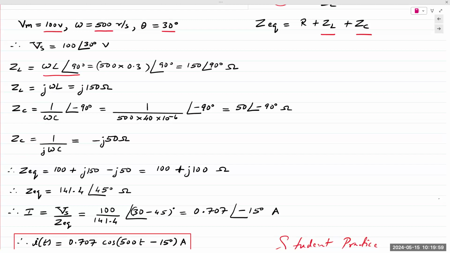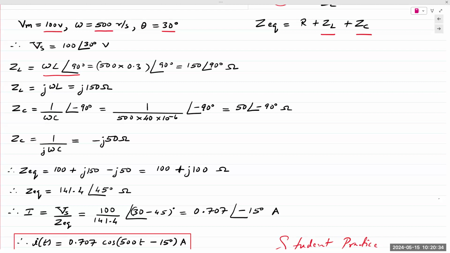So the impedance for an inductor is always plus 90. For a capacitor, the impedance is always minus 90 because the voltage is always 90 degrees behind the current. So the equations are standard. ZL is omega L with the angle of plus 90, ZC is 1 over omega C with the angle of minus 90. In rectangular coordinates, ZL is J omega L, ZC is 1 over J omega C.